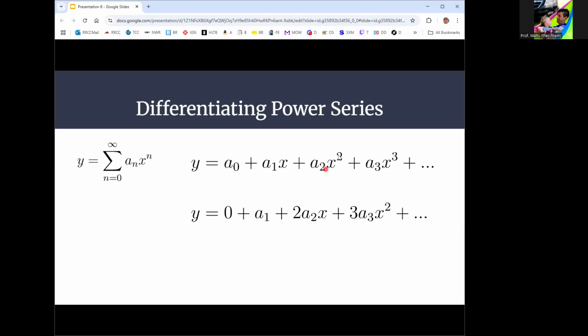And then for these other ones, we're going to bring the exponent out front and then decrease the exponent by 1. So we get the derivative there. And we see another typo. That should be y prime as well. First time using these slides, as you can tell.